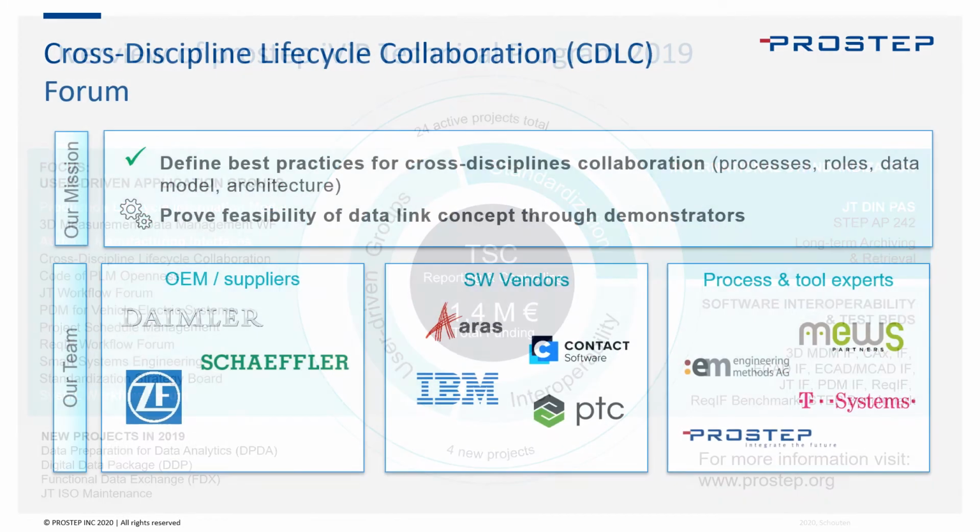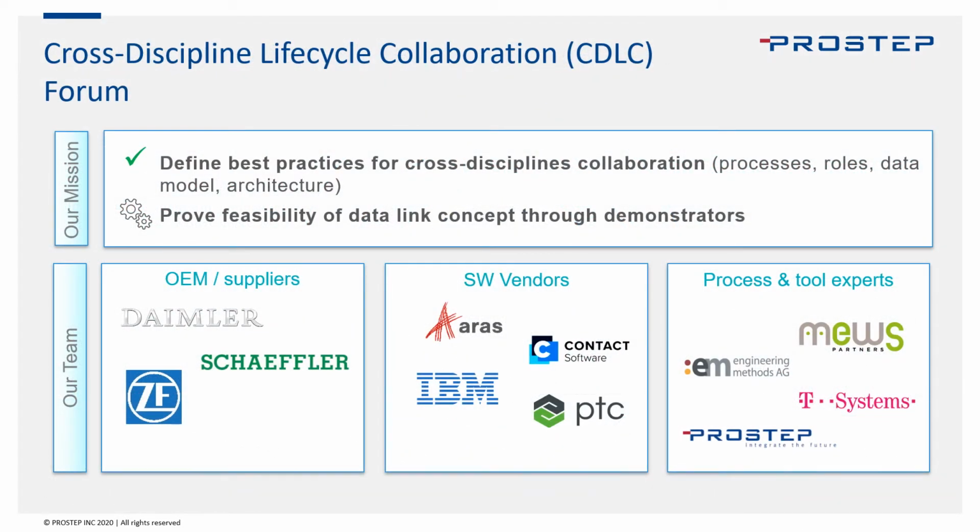And some others. Some of the more interesting working groups that I want to highlight is this cross-discipline lifecycle collaboration group, trying to break down the silos within your organization. So figure out a methodology and build some demos and tests around that for linked data and understanding what the needs are for it, and being able to provide tools for this type of linked data.